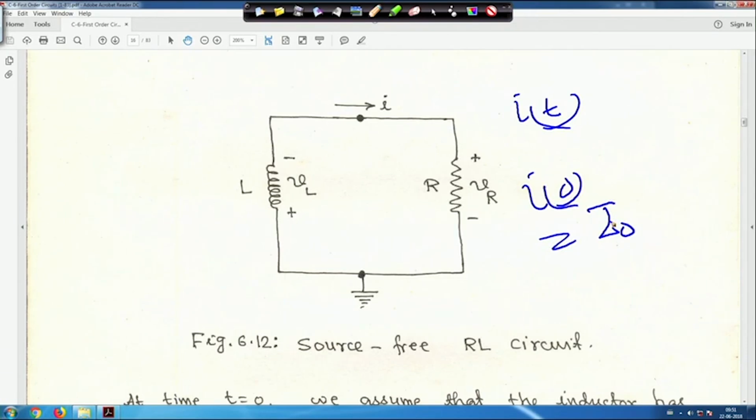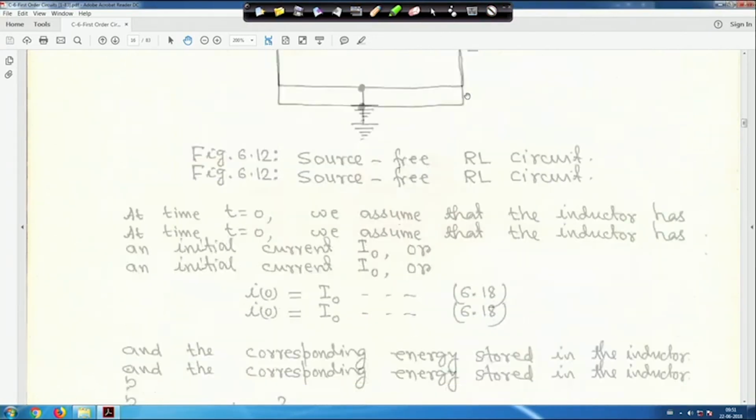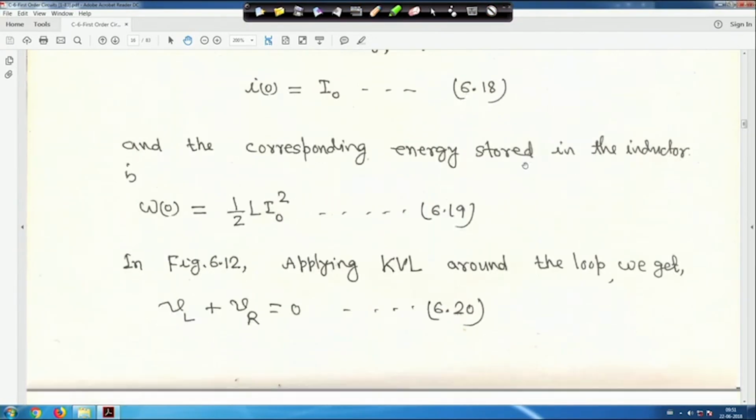So this is the initial condition. We assume that the inductor has an initial current like this. And the corresponding energy stored in the inductor, initially, is w(0) equal to half L I0 square.